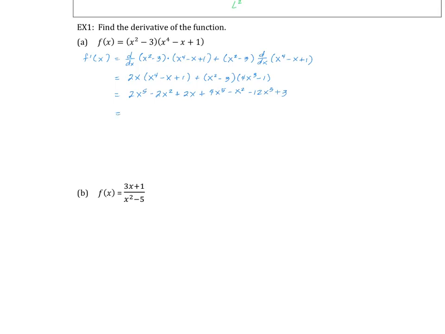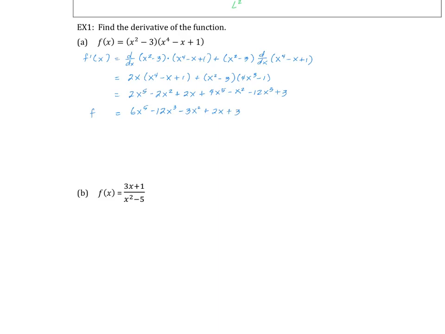When I combine my like terms, I end up with 6x to the fifth minus 12x to the third minus 3x squared plus 2x plus 3.